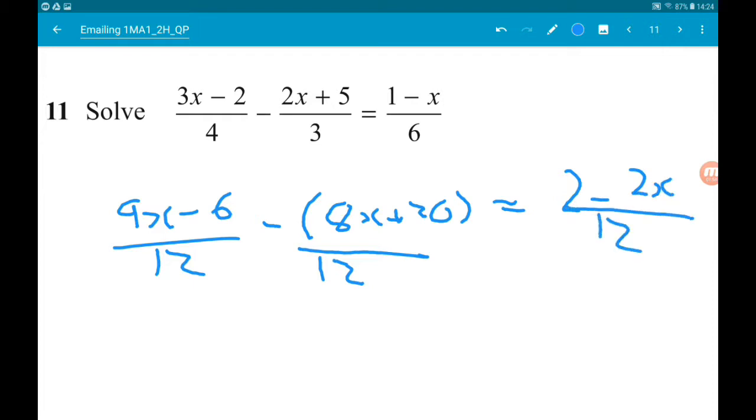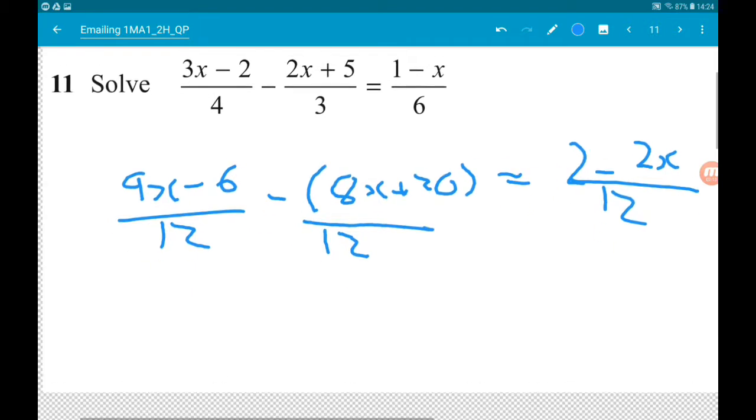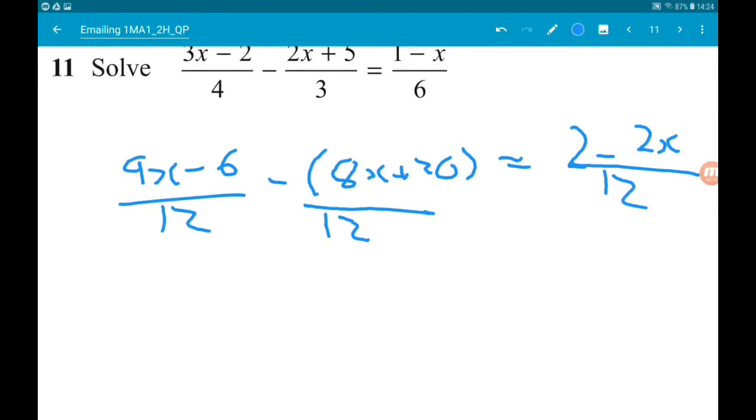over 12. Okay, so fractions are divisions, so everything here is being divided by 12. We can cancel that out by multiplying by 12. So we then get 9x minus 6 minus.